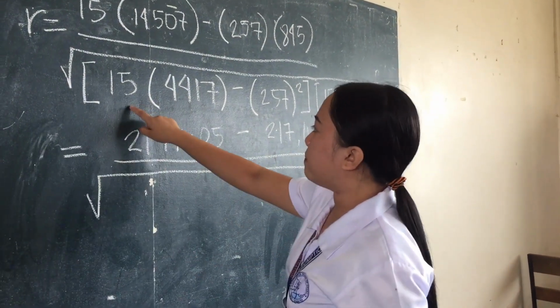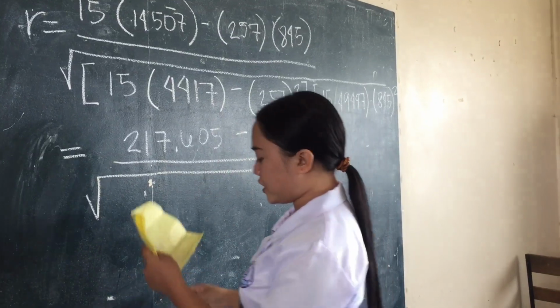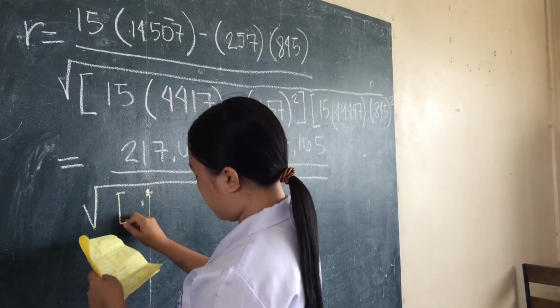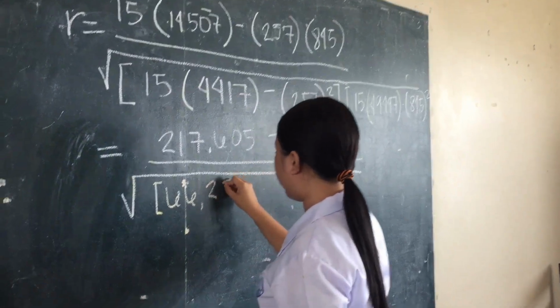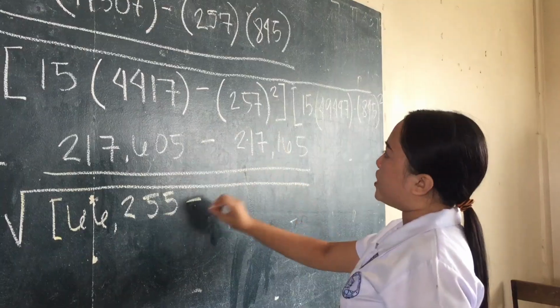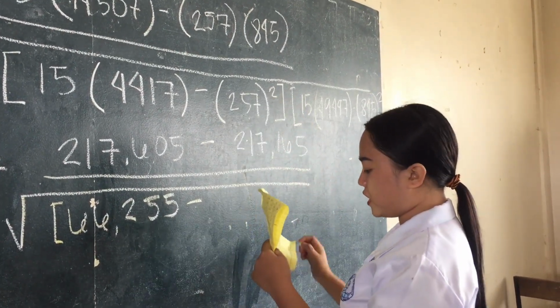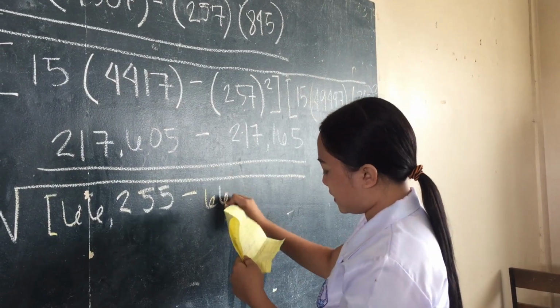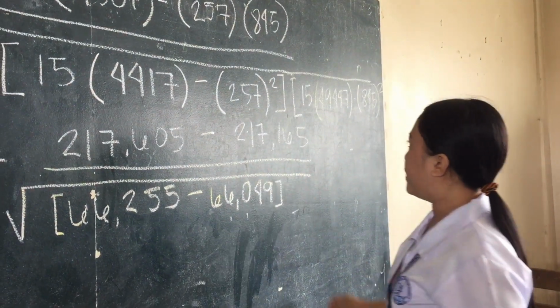Next, we multiply 15 times 4417, which is equal to 66,255, minus 257 raised to the power of 2, which is equal to 66,049.